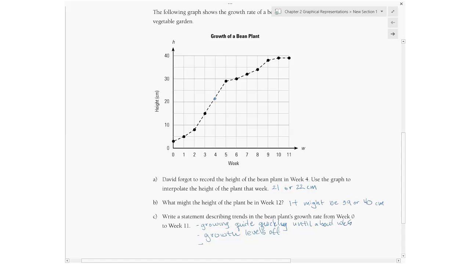It seems to have stopped growing after week 10.